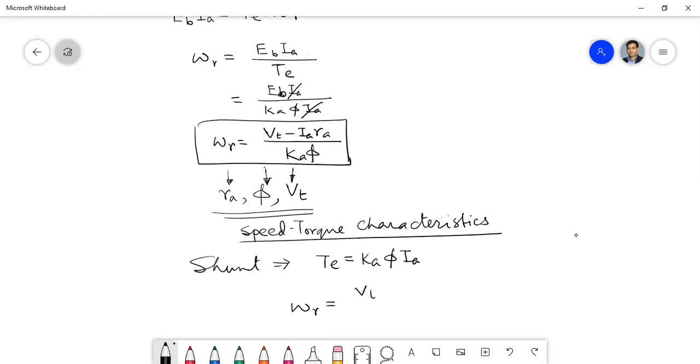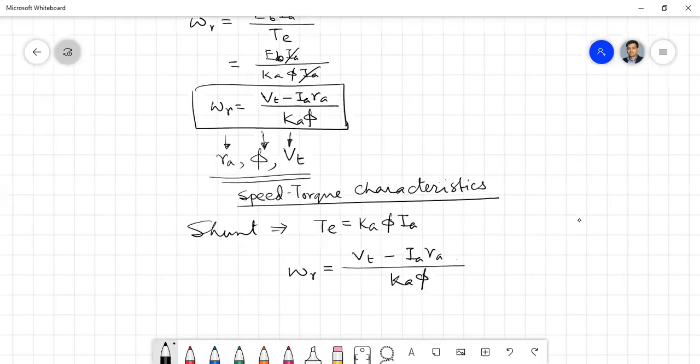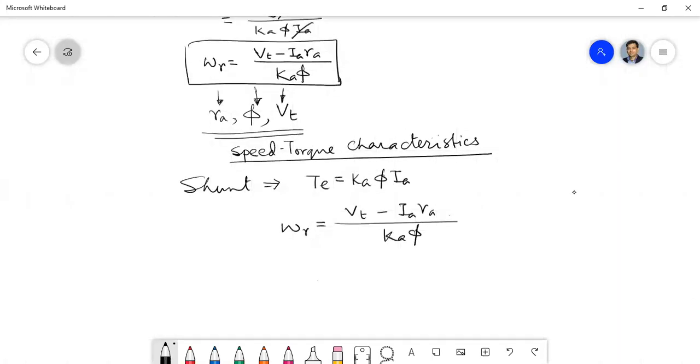Omega R equals Vt minus IaRa by Ka phi. Here, we can substitute the Ia in the second expression. And what will it be?